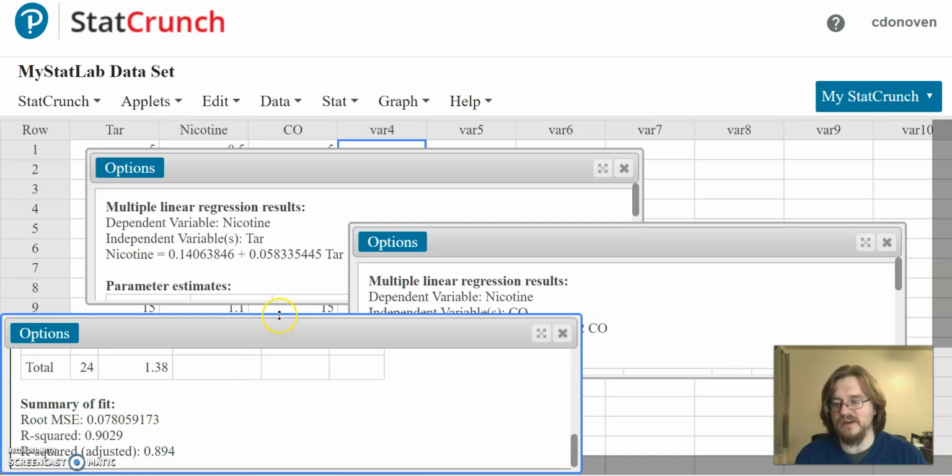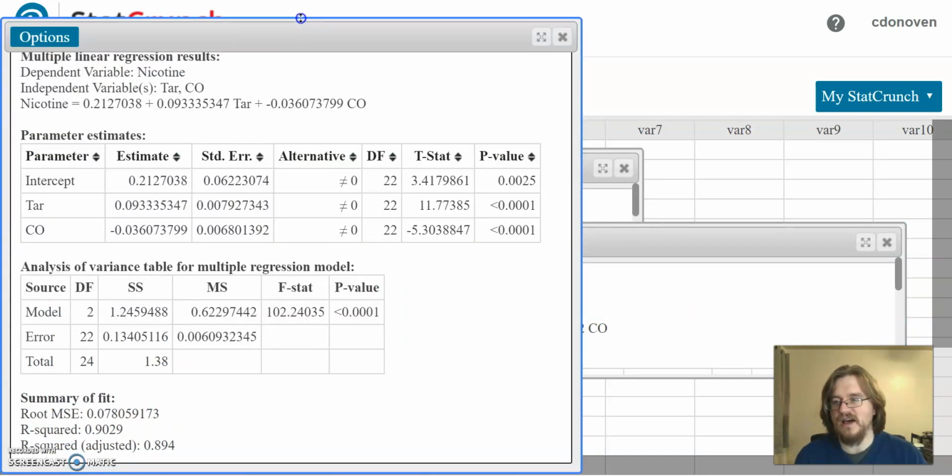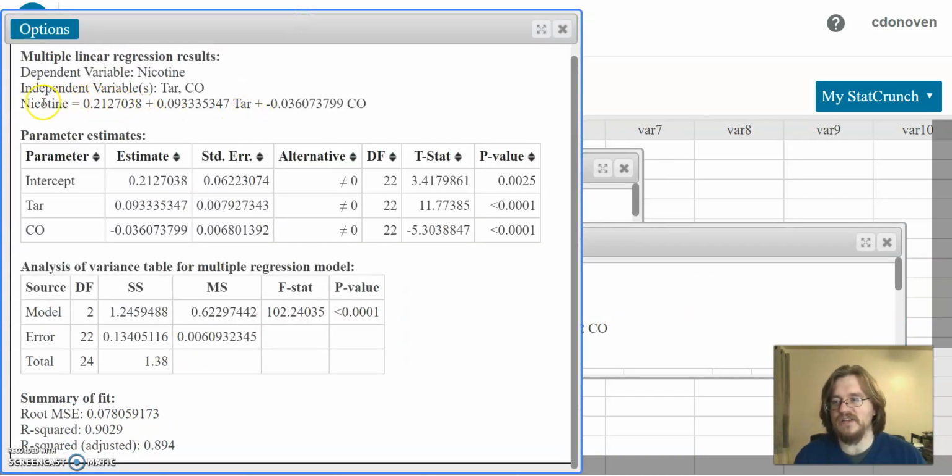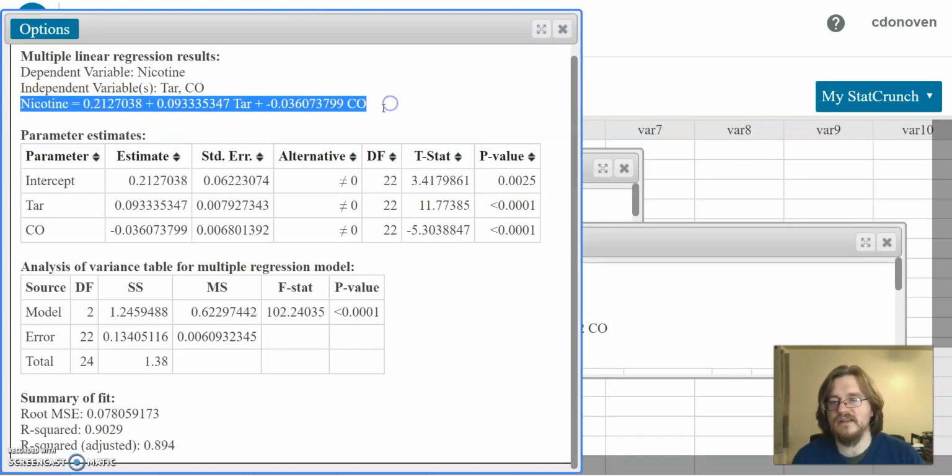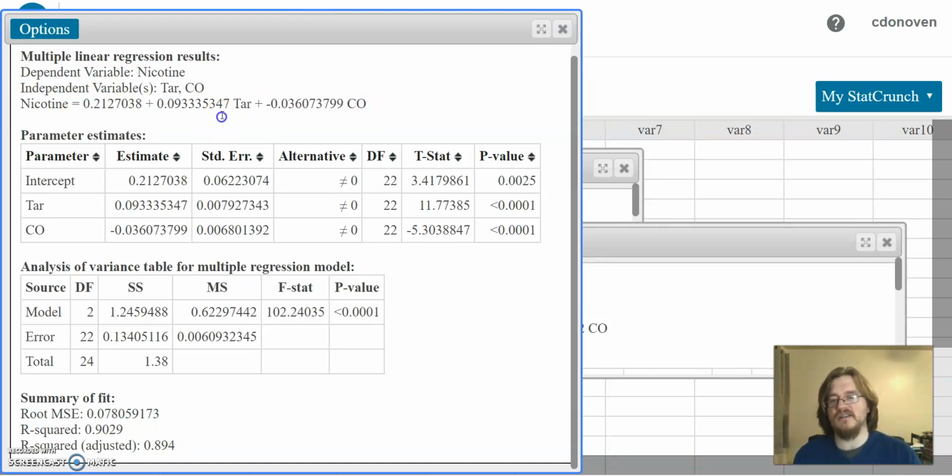So the winner is going to be the multiple linear regression using all three, using both of the predictors as opposed to using only one of them.